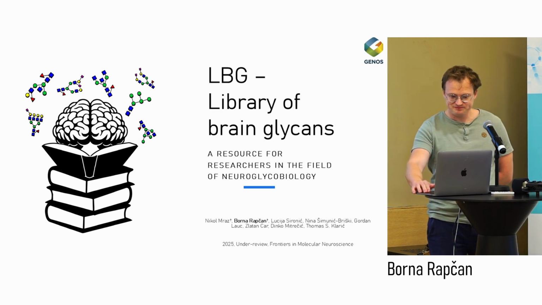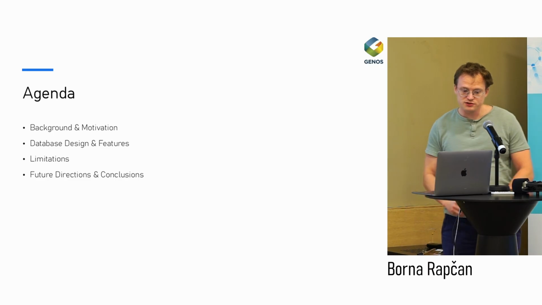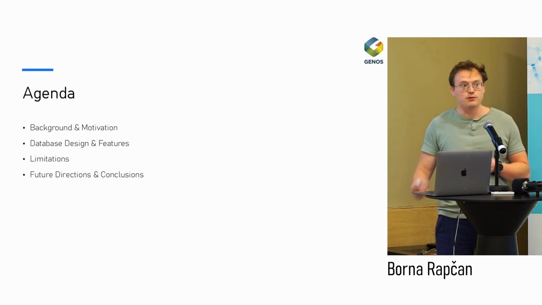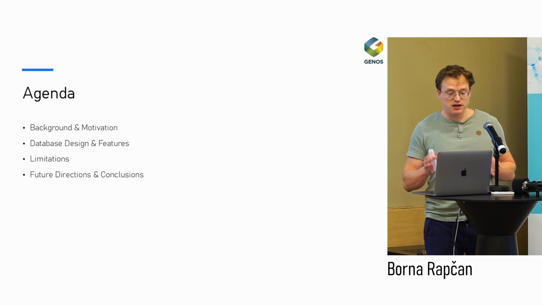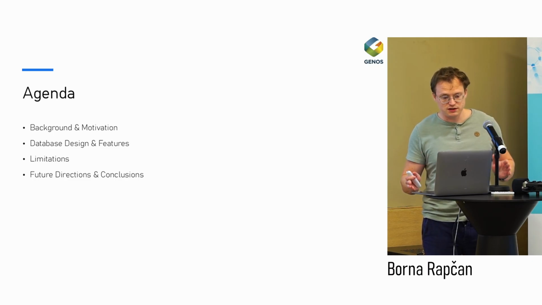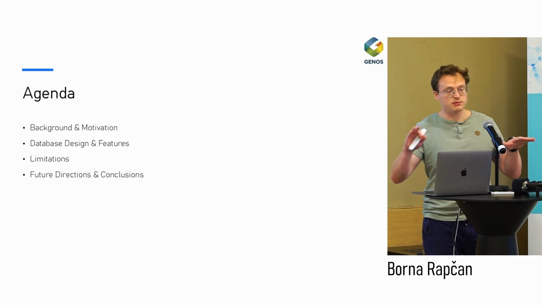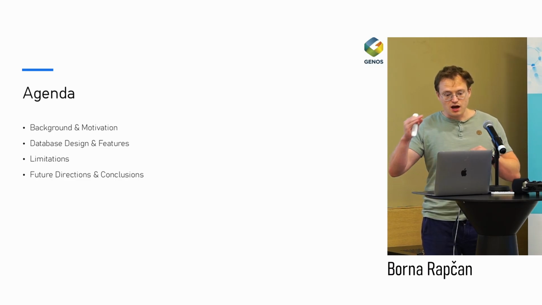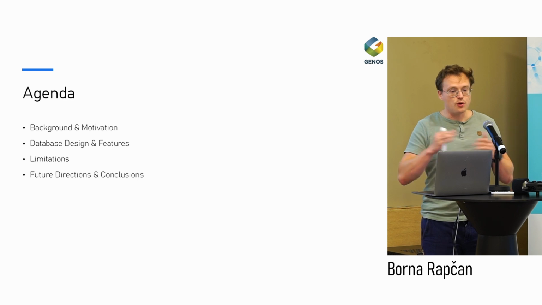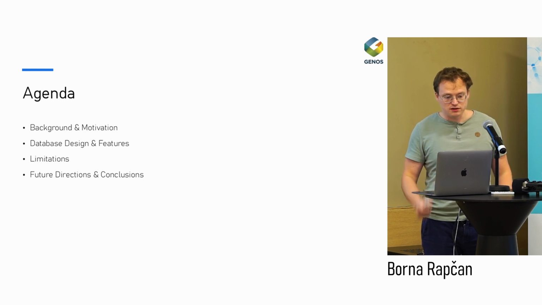So what are we going to talk about today? Today I want to present to you the background and motivation of why we built this tool, what the current state of the field is, and why we thought that it was needed. Then I will take you through the database features and the design of the database: how it was developed, why certain things are made a certain way, and how it all fits together.